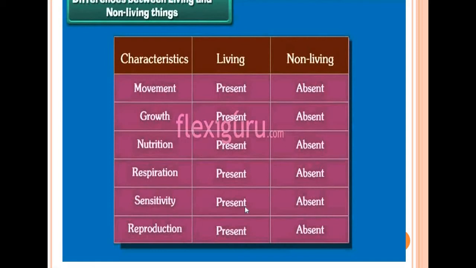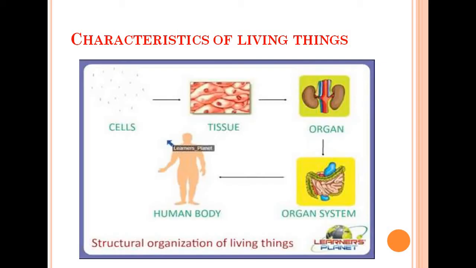Another characteristic is reproduction. Reproduction is the process through which living organisms produce their own copies, but this process is absent in non-living things. So these are some of the differences between living and non-living things.